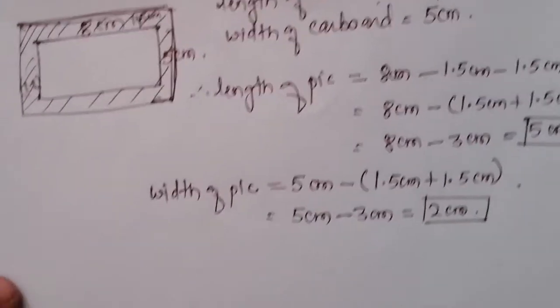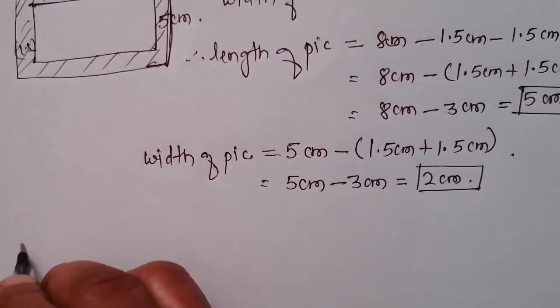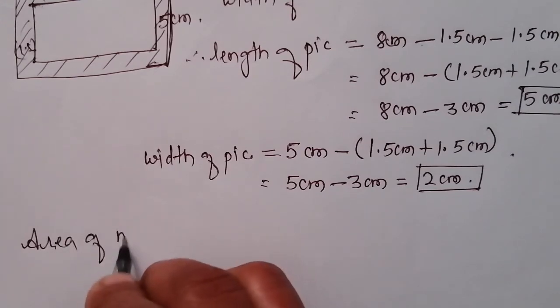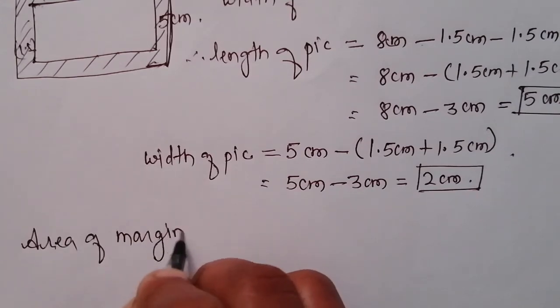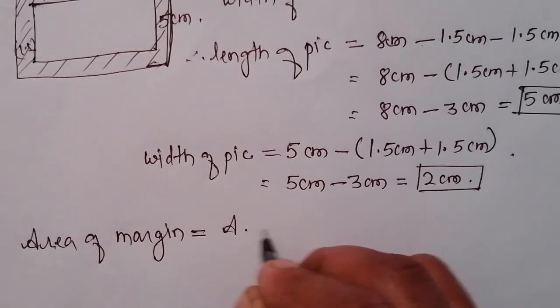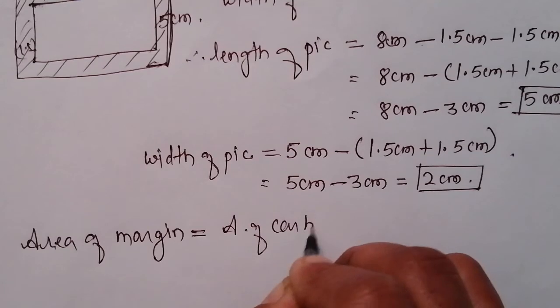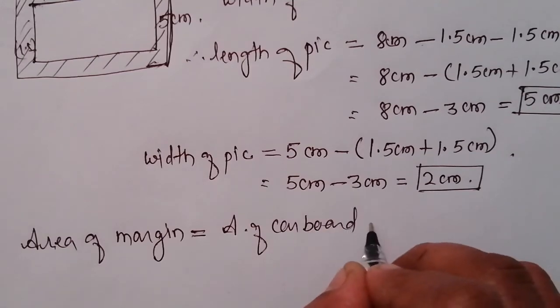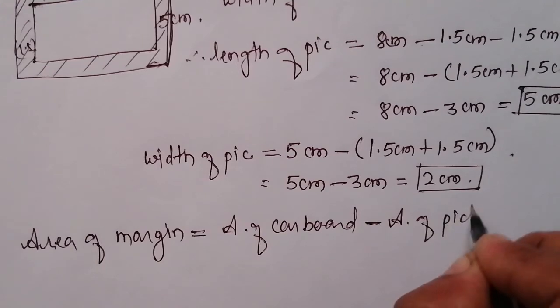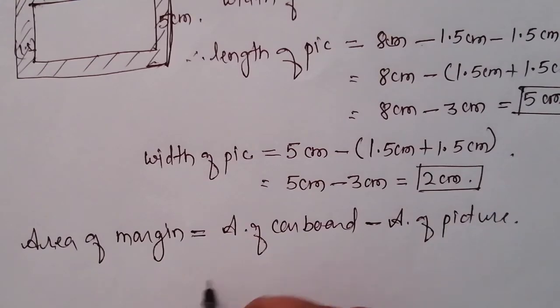Now the area of the margin. Area of margin is equal to area of cardboard minus area of picture, right?